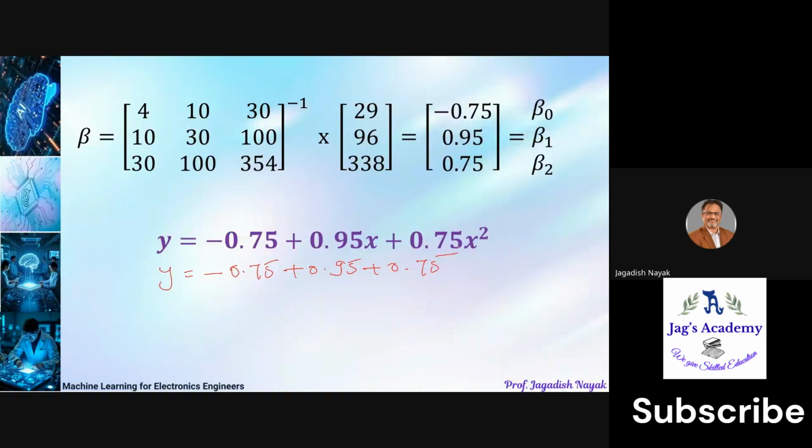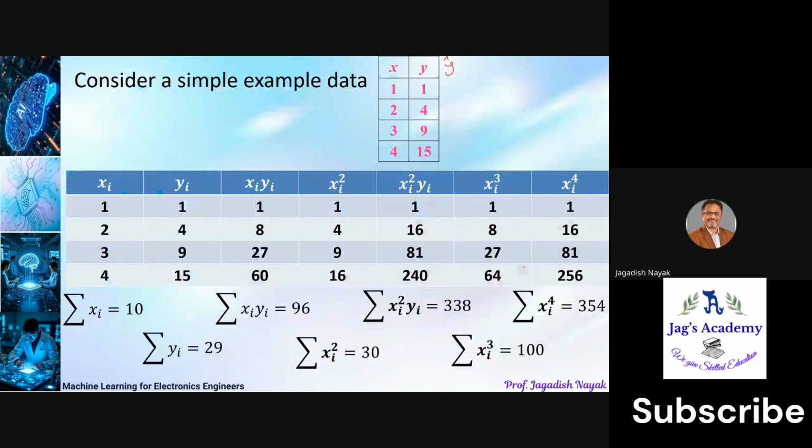It is coming to be 0.95. So what is the actual value? The given data is 1 only. So it is almost the same, the error is less. This is coming to be 0.95.